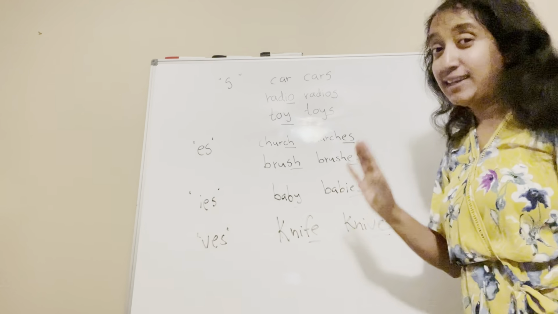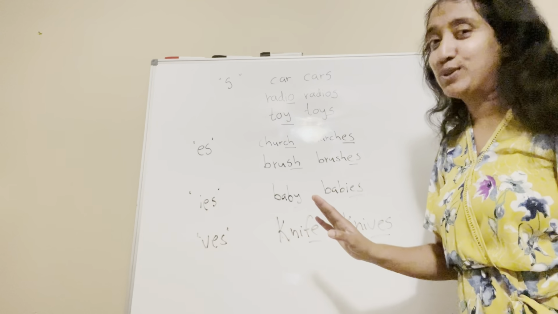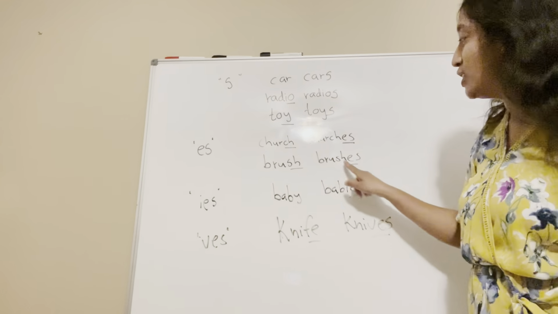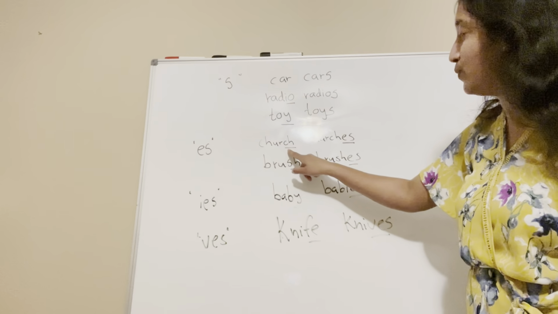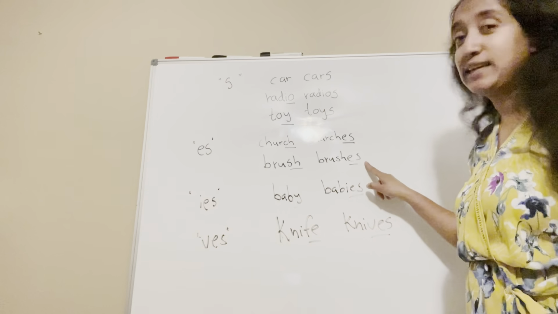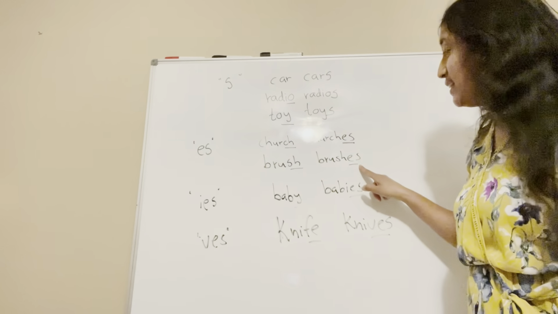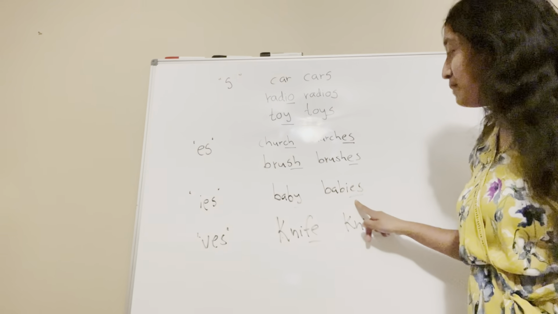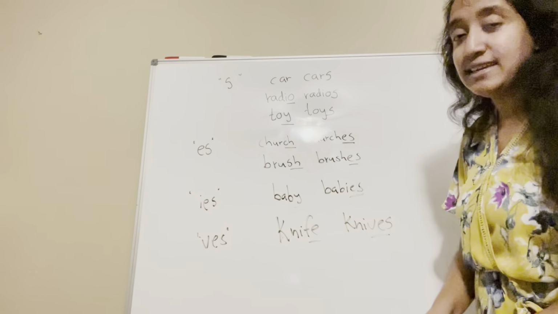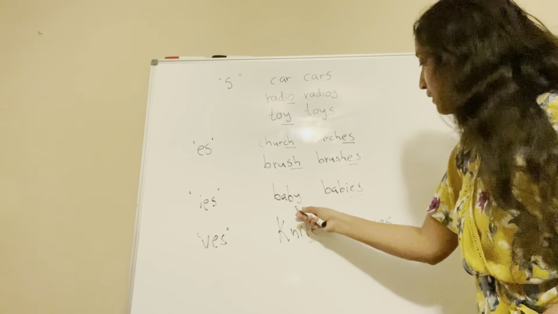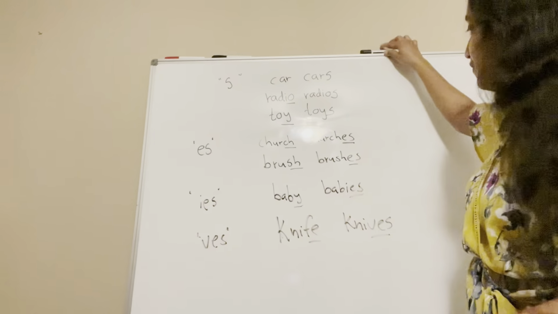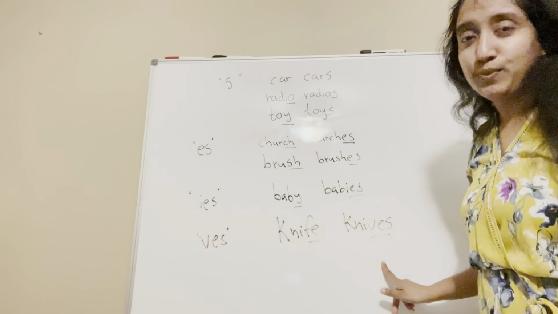But today in this video, I'm not going to talk about those rules. Church, churches. Brush, brushes. So we see the ending is ch. Here the ending is sh. So to make them plural, we add es. Baby, babies. Y is here, so we add ies over there. Knife, and we make it plural by adding ves.